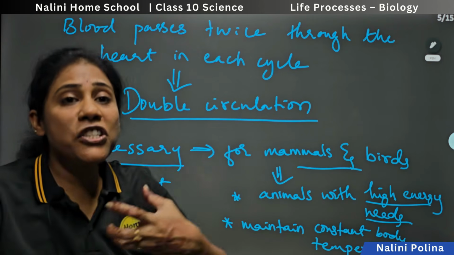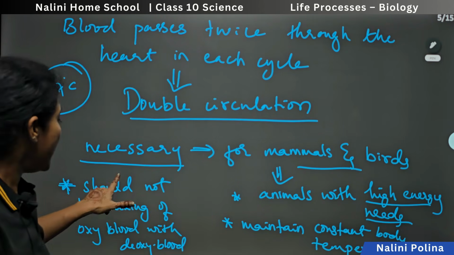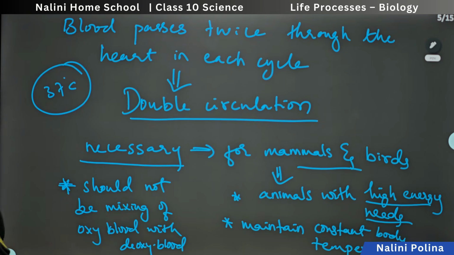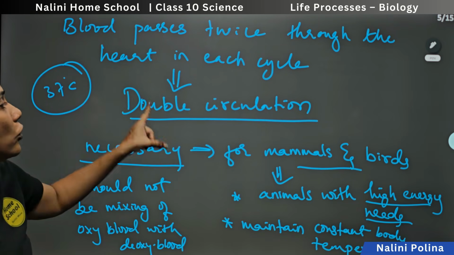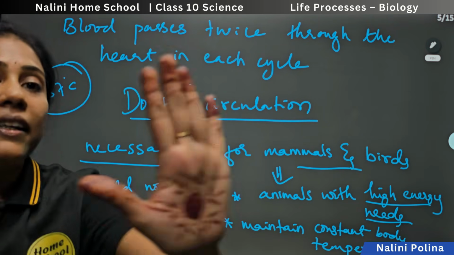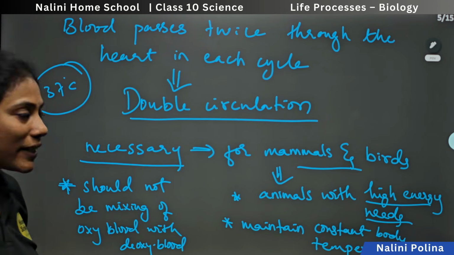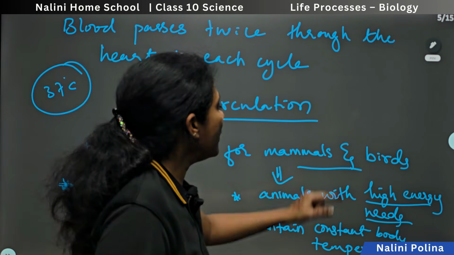For that, there should not be any mixing of oxygenated and deoxygenated blood, and that will happen only if the heart follows what kind of circulation? Double circulation, guys.